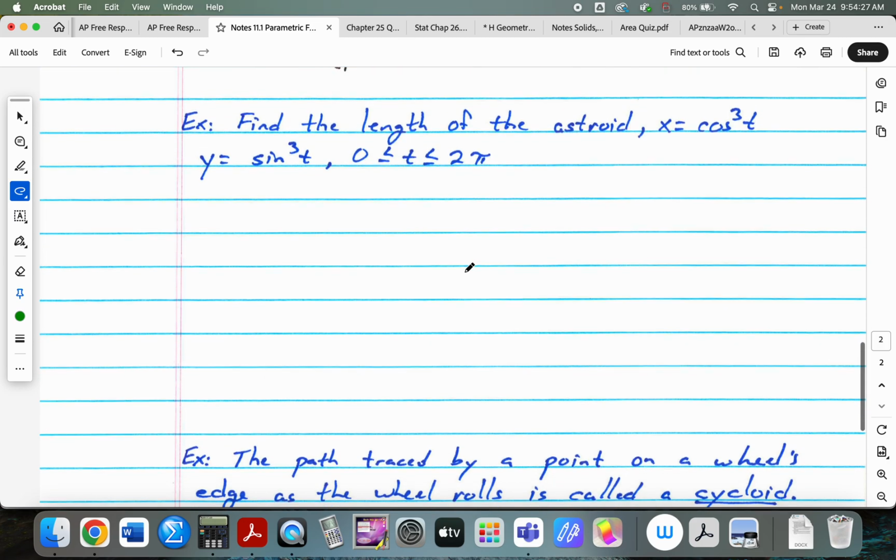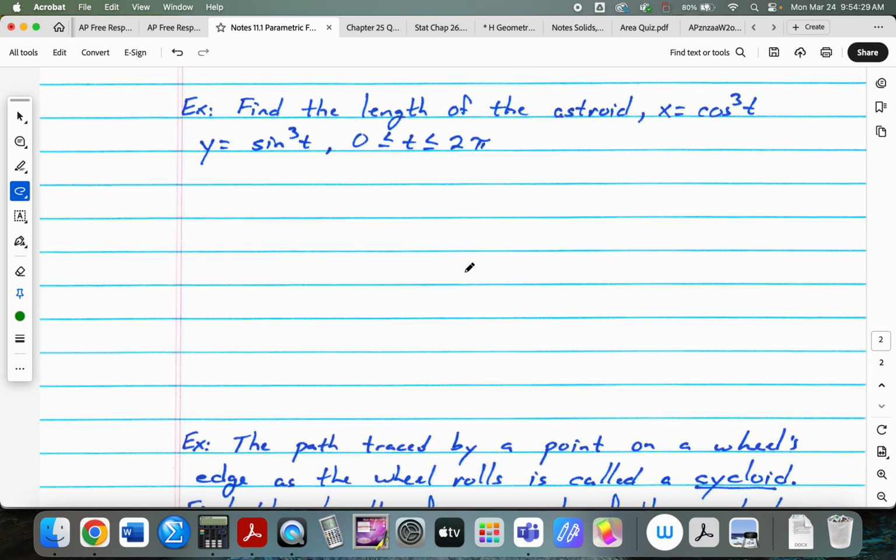So anyway, this says find the length of the astroid, x equals cosine cubed t, y equals sine cubed t, on the interval from 0 to 2 pi. So I need to find the derivative of both of those with respect to t.